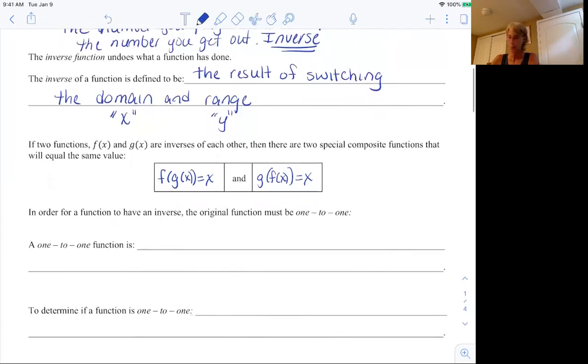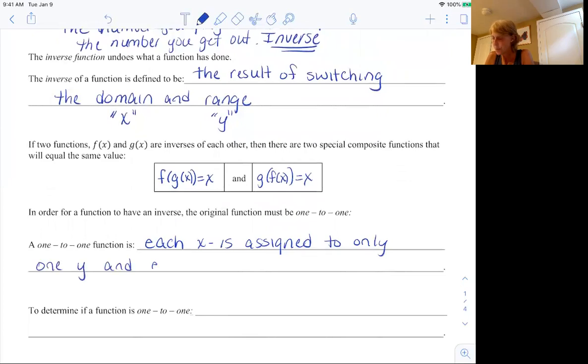So basically the easiest way, there's a long mathematical definition, but each x is assigned to only one y, and each y is assigned to only one x. Okay, so it's just a 1-to-1 mapping from one to the other.